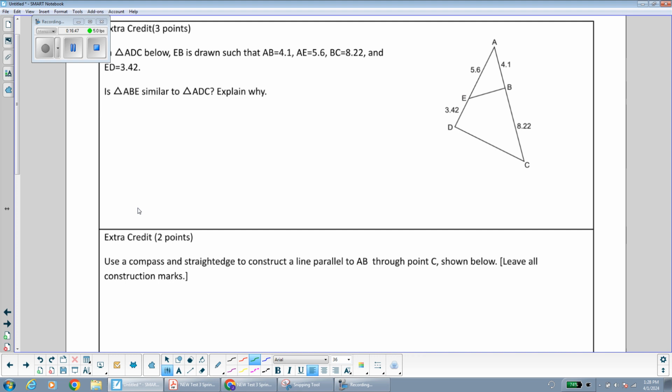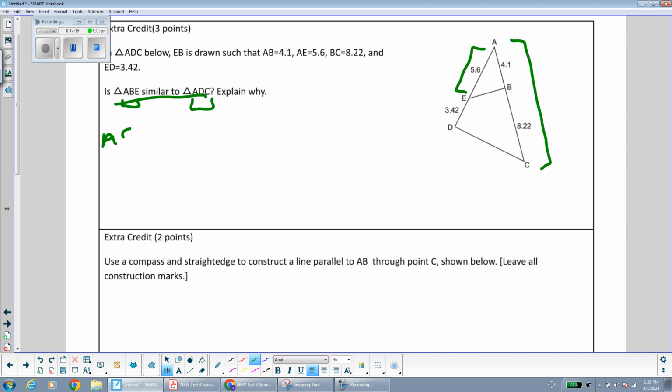For over here, we can take a look at the extra credit question number 1. And if you take a look at the names of the triangles, it tells you what corresponds. So AE is the first and third letters, so it corresponds to AC, which is not what you might have expected at first.